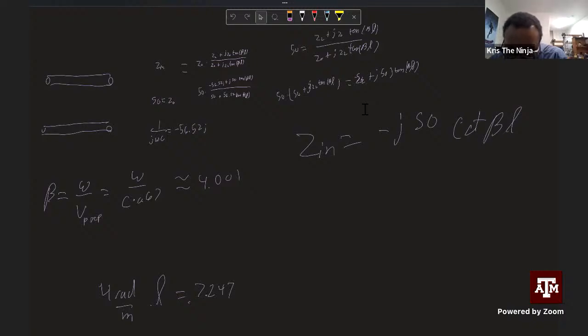Essentially, I don't really understand all the way how to do the whole math. But essentially, in this specific case, Zn equals negative j50 times cotangent beta L, because you'll end up having Zn equals minus j50 times 1 over tangent beta L. That's just how the math ends up working out in this case.